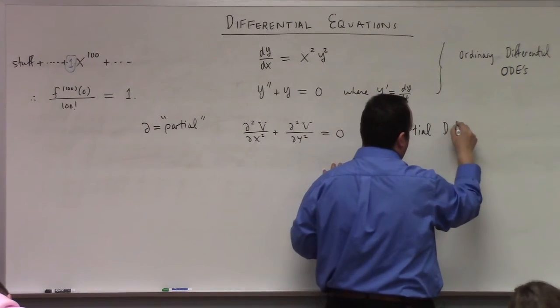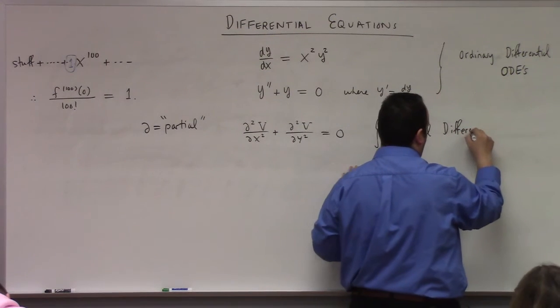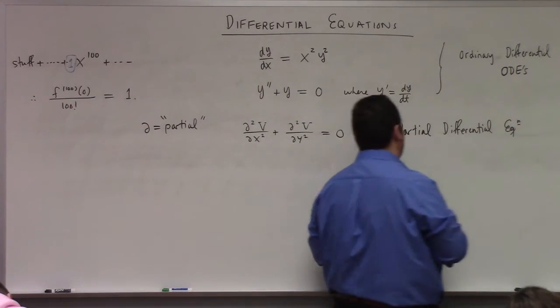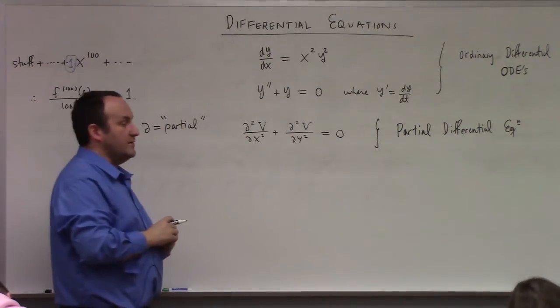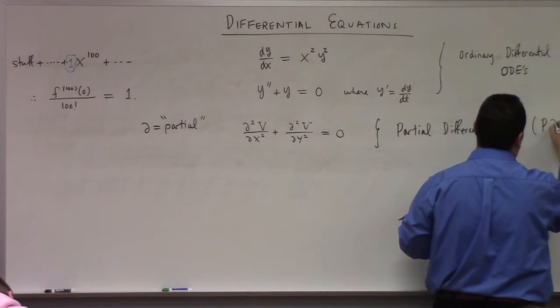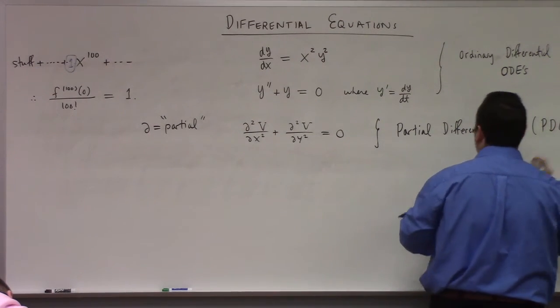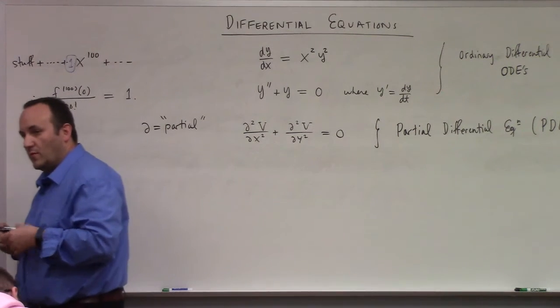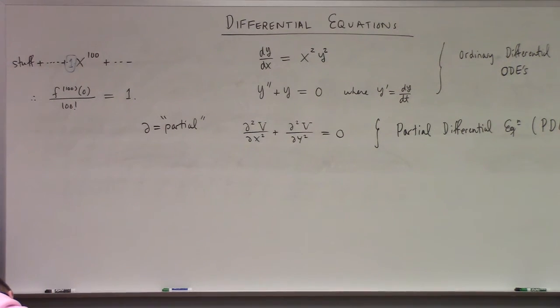A partial differential equation, or PDE, is a differential equation which involves more than one independent variable. And oftentimes, the differential equation links these different derivatives in some meaningful way.